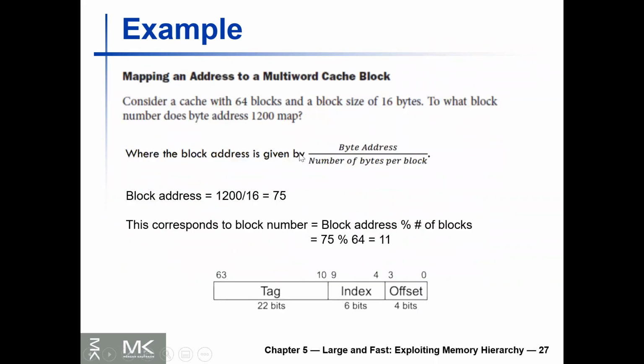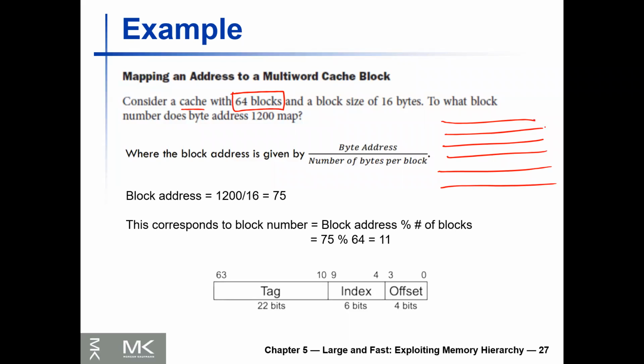One more question comes like that, which is also from the book itself. You can check. This time they are asking: consider a cache of 64 blocks. So we have block 0, block 1, block 2, and so on.